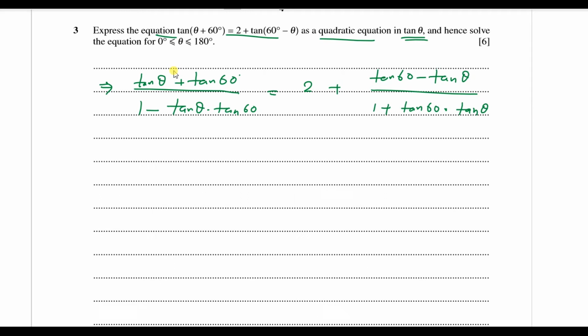This is the identity of tan(a+b) and tan(a-b). We should know it. Now we'll simplify, because tan 60 degrees is root 3.